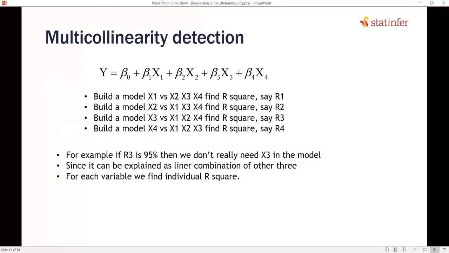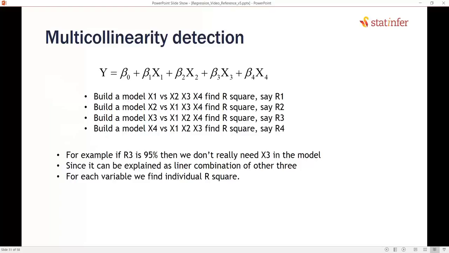Or if we fit a regression line between x1 and the remaining 3 predictor variables itself, we might get an R square of 80 or 90 or 95%. Now that is also multicollinearity. One variable can be completely explained by the rest of the variables. That is not coming out from correlation.